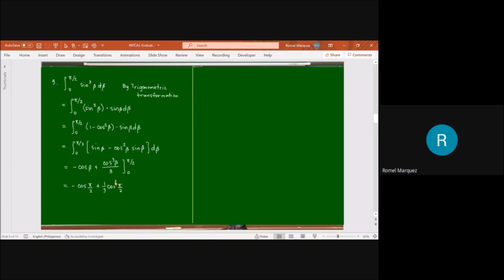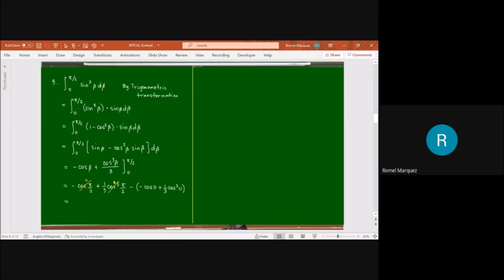This is quantity cubed, no? That cosine. Okay, guys? So cosine cubed of pi/2. Actually, cosine of pi/2 is 0. Minus, so negative cosine 0 plus 1/3 cosine cubed of 0. Okay? Again, this is 0.